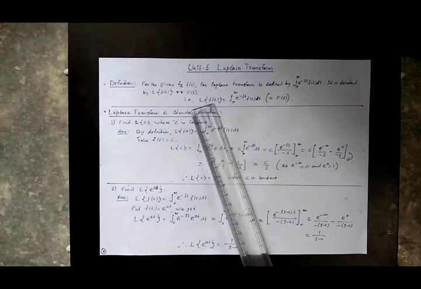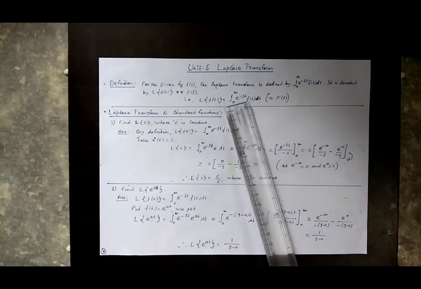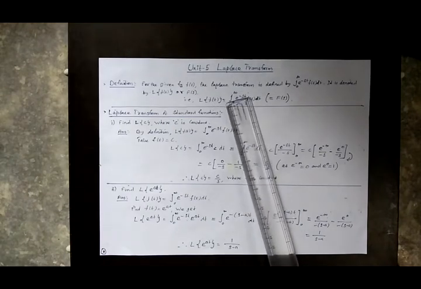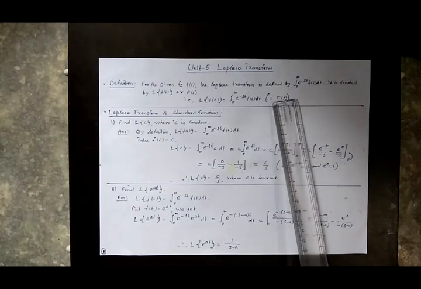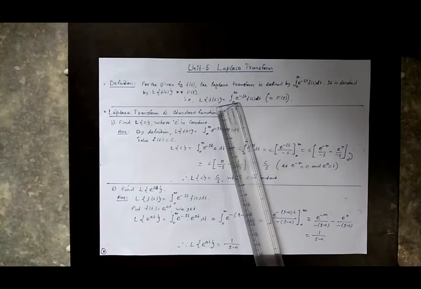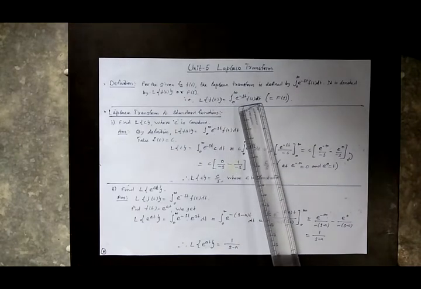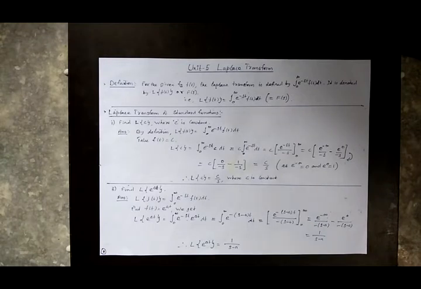So whatever the value of f of t may be, the value of the integral will always be a function of s. That's why we can denote the value of this integral by some F of s. So L of f of t equals the integral from 0 to infinity of e power minus st f of t dt, which is also denoted by capital F of s.